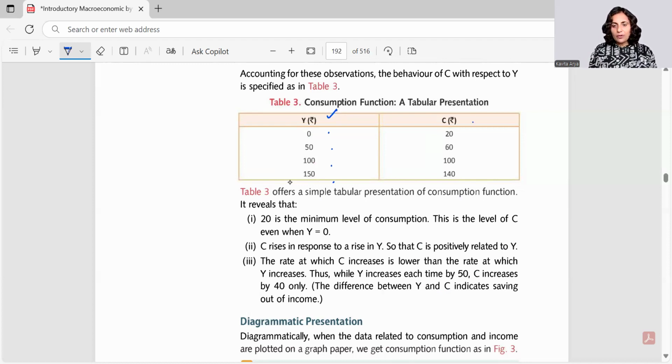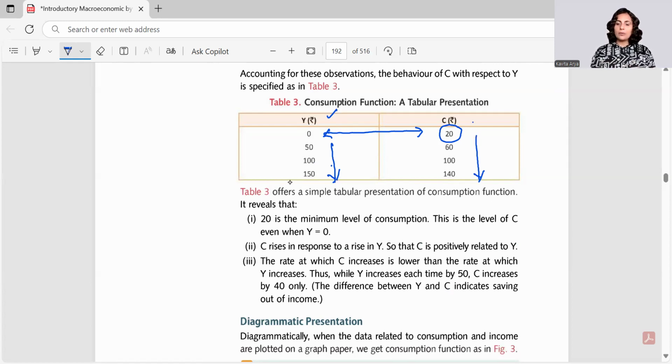But the most important point here is that even at zero level of income, there is a positive value of consumption. So there is never ever zero consumption in the economy. It does never happen, right? And the other part is that yes, with increase in income, the consumption also is increasing.